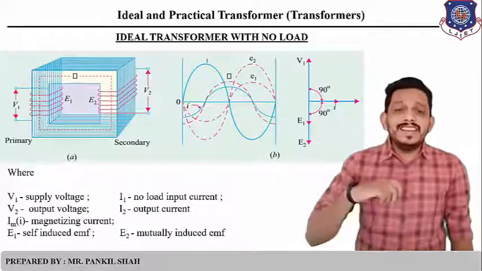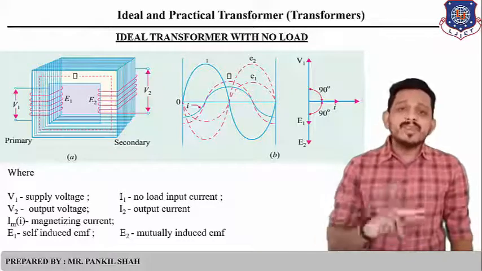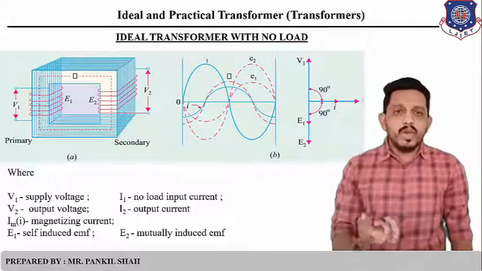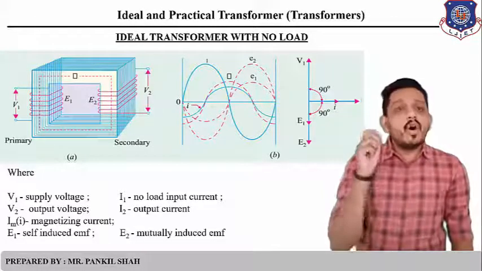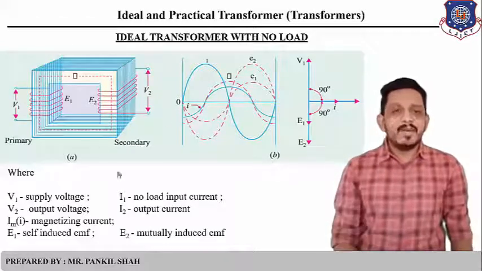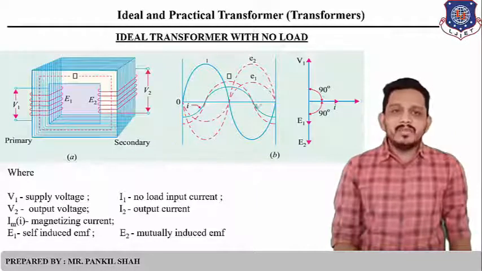Now the EMF induced in both the windings will be in opposite direction to the applied voltage because of Lenz's law. Lenz's law states that the EMF induced in any coil will always oppose the cause behind the production of that EMF. So you can see here one waveform of E1 and another waveform of E2.